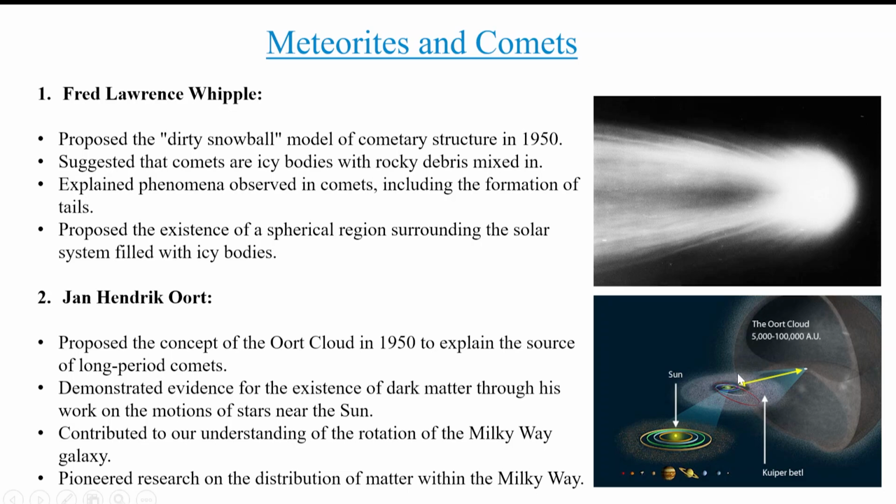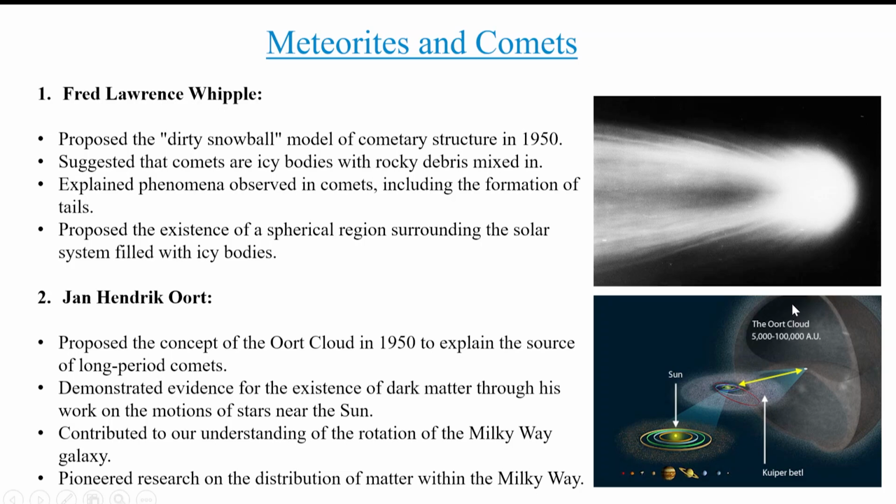Then, at the fringe or relatively outer part of the solar system, there occurs a large cloud of cosmic materials, the Oort cloud, which is around 5,000 to 10,000 astronomical units away from our sun. So the Kuiper belt as well as the Oort cloud are present far beyond the outer part of the solar system.